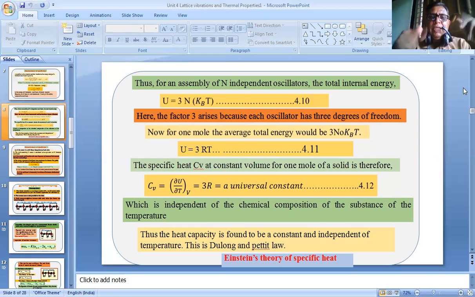Thus the heat capacity is found to be constant and independent of temperature. This is the Dulong and Petit law, isn't it?